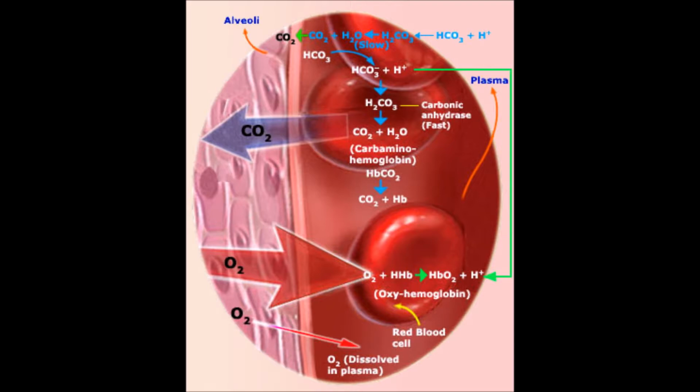They're the same thing. If you increase hydrogen numbers, you lower the pH, become more acidic. So when you increase hydrogen or decrease pH, it causes more oxygen to leave the hemoglobin. So it increases oxygen dissociation.